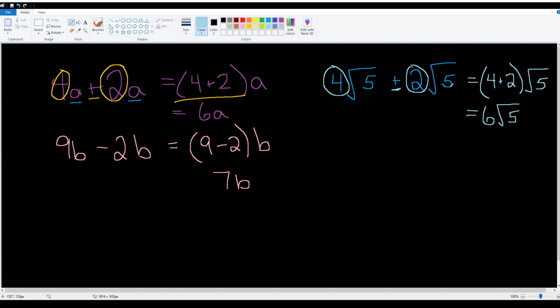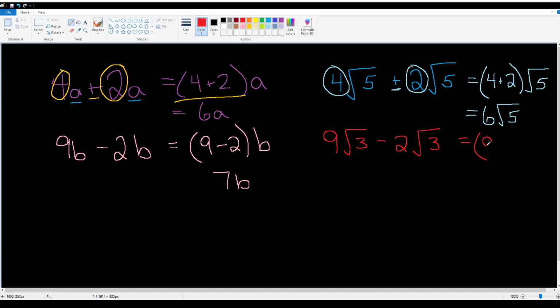Notice how we do not add what's underneath the radicals. We do not add the radicands together. Just like we didn't add the a's together, we just had an a here. The same thing would happen with subtraction. If I had something like 9 square root of 3 minus 2 square root of 3, because my square roots are, again, exactly the same, I just want to take the coefficients and do whatever operation we have here.